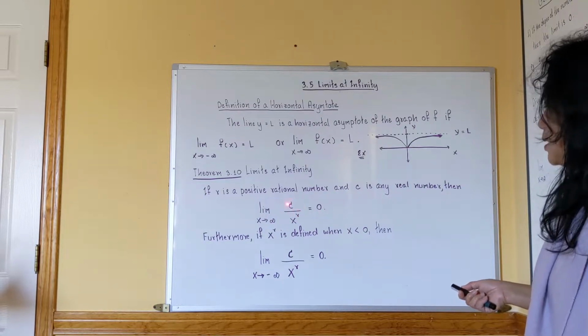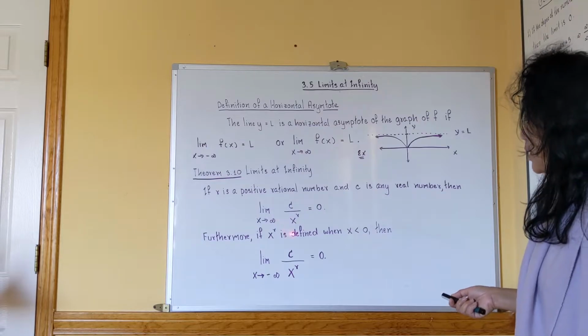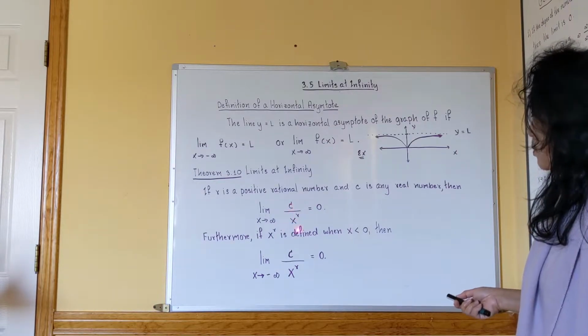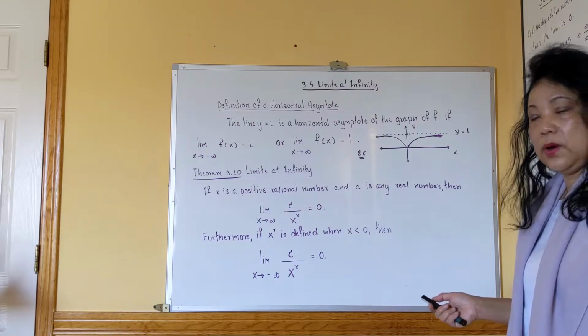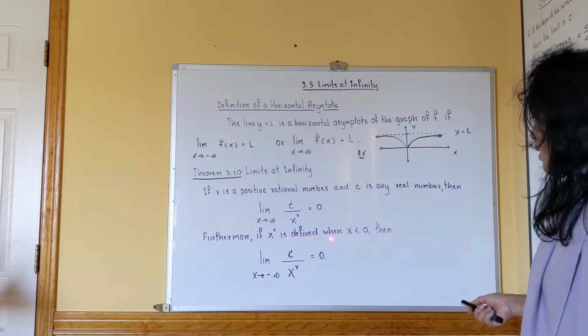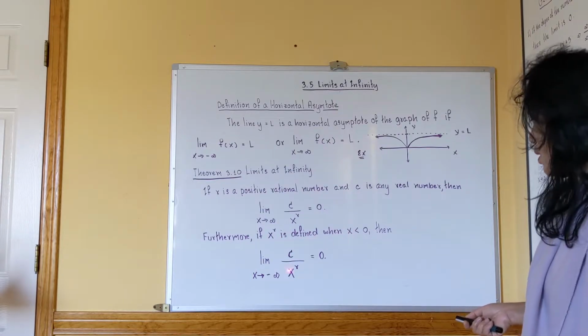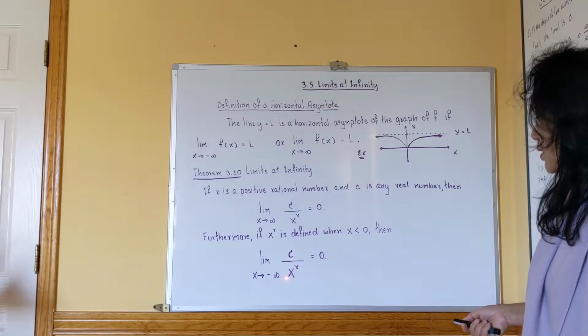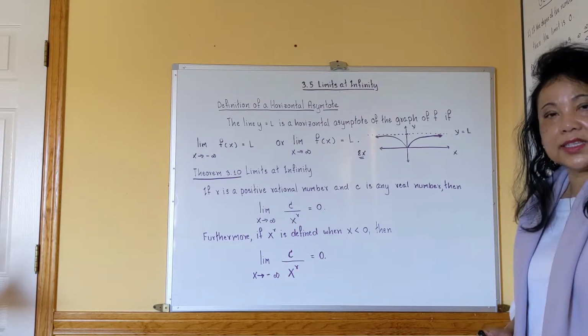Think of c as any real number and x to the r as infinity, then we divide a real number by infinity, we should get 0. Furthermore, if x to the r is defined and x is a negative number, x approaching negative infinity, c over x to the r is also going to get 0.